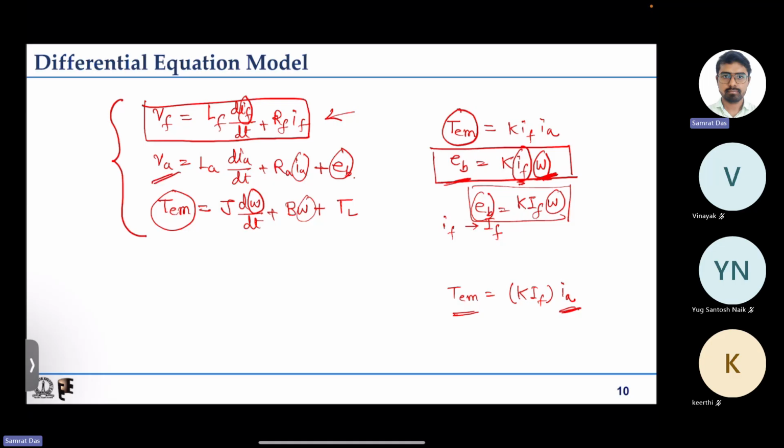That is the way typically lab assistants or TAs tell you to operate a DC motor in a lab. First give the field excitation, then slowly give the armature voltage excitation. That's all. So this is the differential equation model. I hope it's clear.